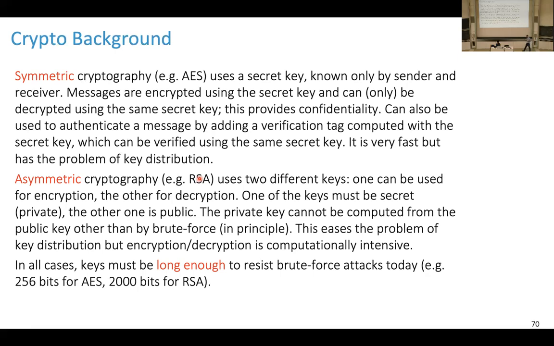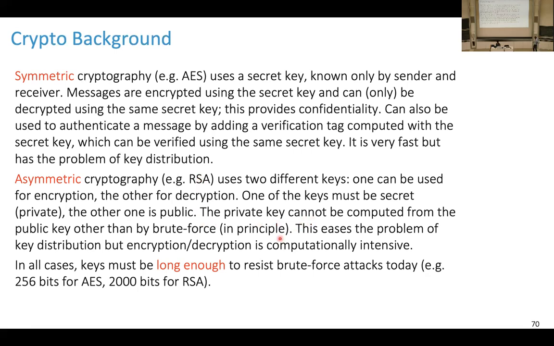In the reverse situation, assume that I take the public key of someone in the room. I have a message, I encrypt it with this public key, and I send this message to everyone. I know that only the owner of the private key will be able to decrypt the message. All the others will be unable to decrypt it. So this is the idea of the private and public key association.